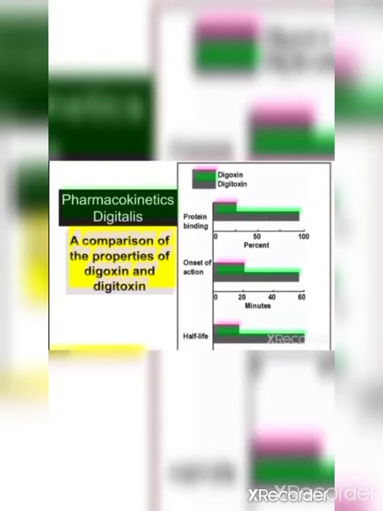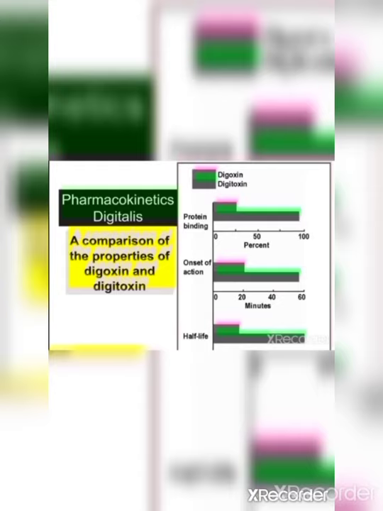Now let's switch gears and talk about the pharmacokinetics of the Digitalis group of drugs, digoxin and digitoxin. As you can see over there, digitoxin has a high protein binding, it has a longer onset of action, and it has a long half-life as well, as I just said earlier. So it's longer acting.